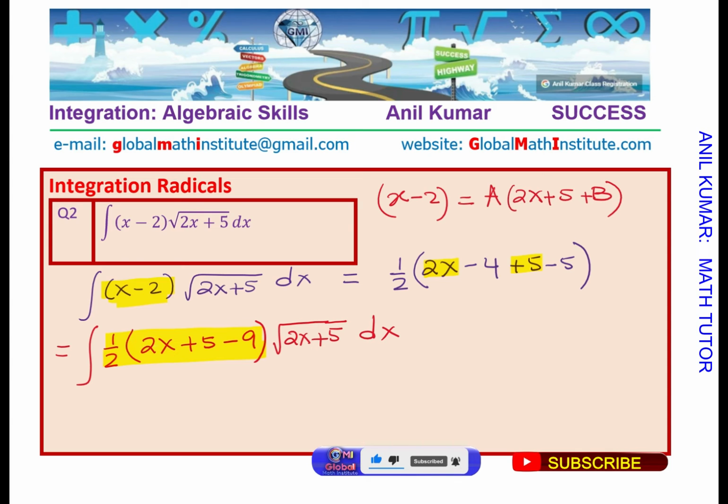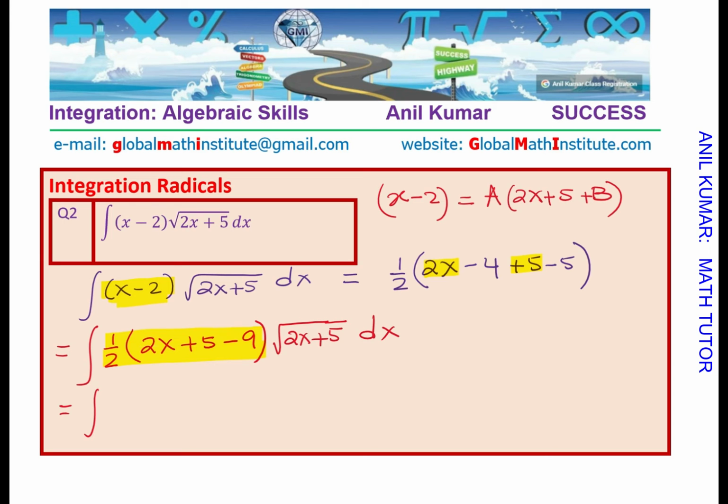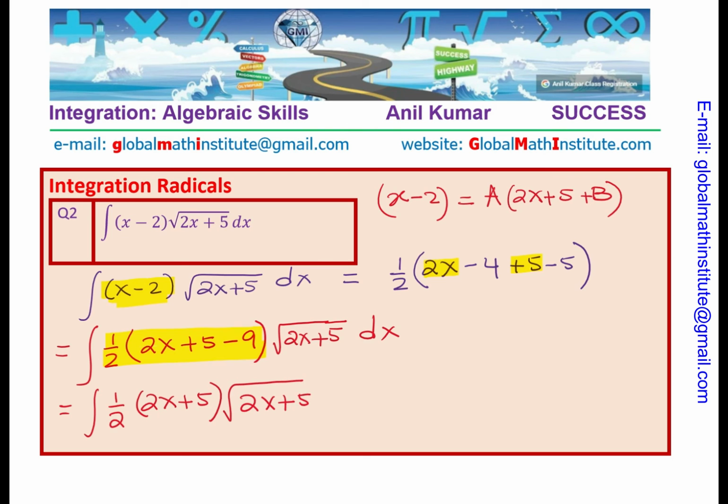Since now we can open the bracket and we can rewrite this as integral of half, right? And then we have 2x plus 5 times square root of 2x plus 5 dx, right? And the second term, half multiplied with minus 9, will give you minus 9 by 2, right?